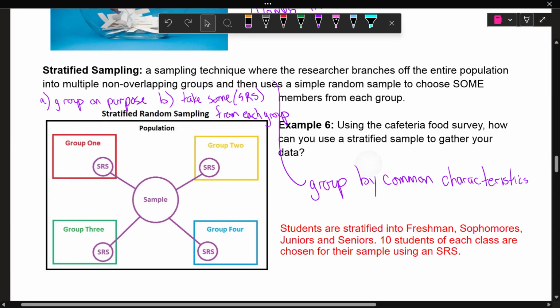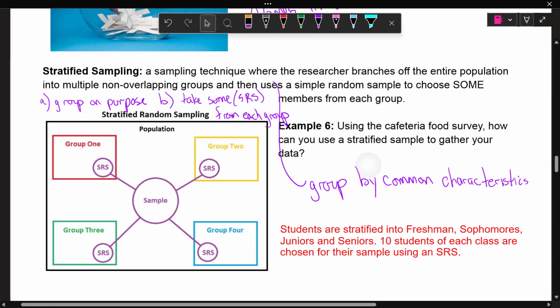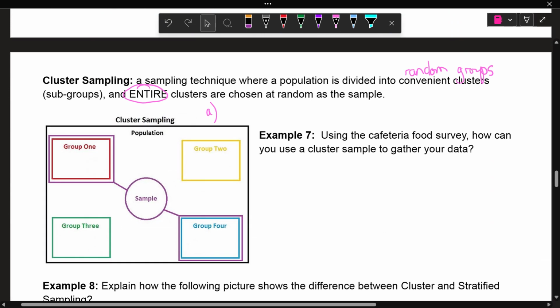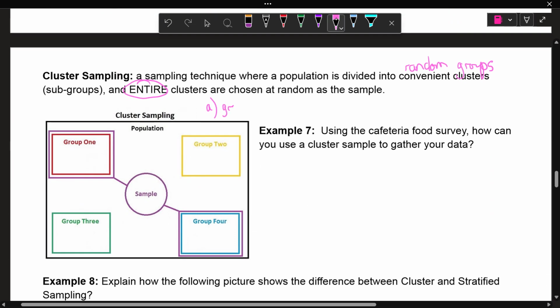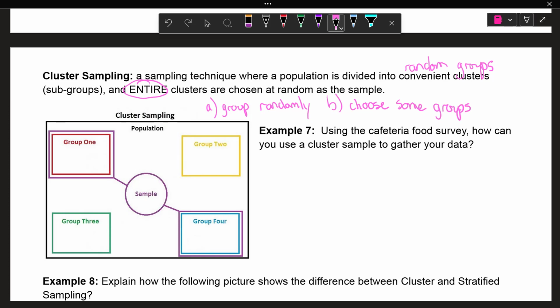So like we talked about up here, with stratified, we group on purpose and take some from each group. Here, we group randomly and we choose some groups. We do an SRS of the groups, not from each group, but of the groups.